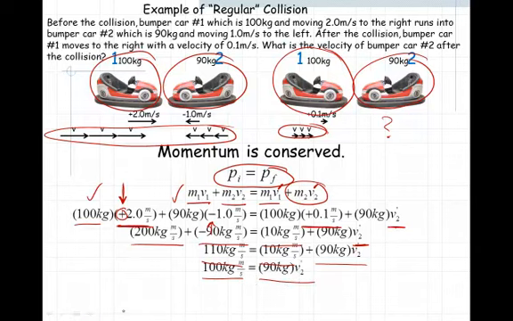We divide both sides by 90 kilograms, and we end up with a positive 1.11 meters per second. So we actually find that this car will move 1.11 meters per second in this direction. To complete the motion map, we would show our velocity arrows going in that direction.